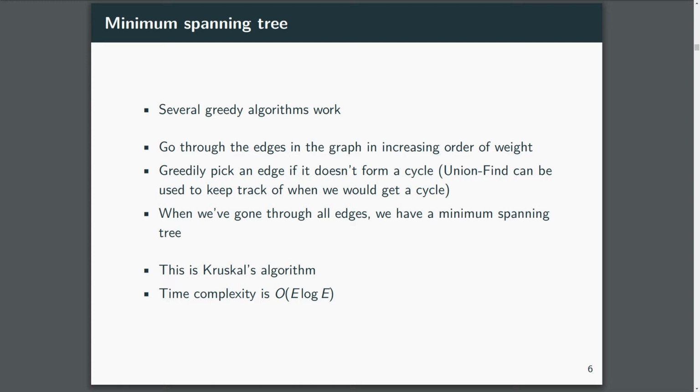So we use union find for that, to do that quickly. And when we've gone through all the edges, we have a minimum spanning tree. We're gonna make n-1 union operations in total, which corresponds with us having a tree. There are only n-1 edges.